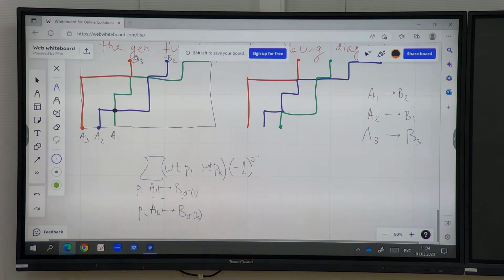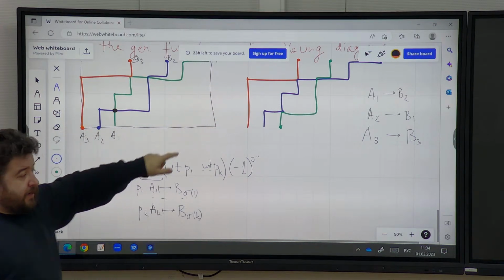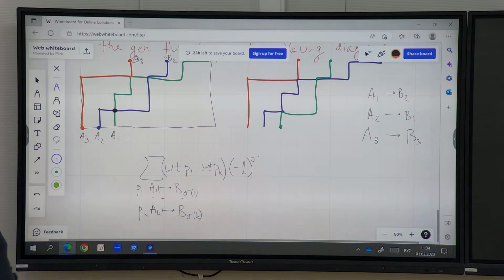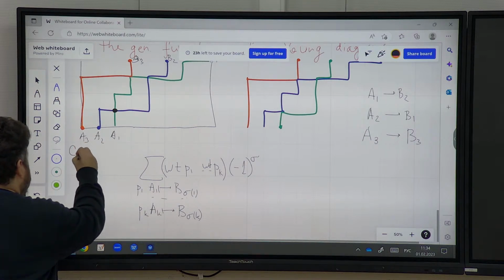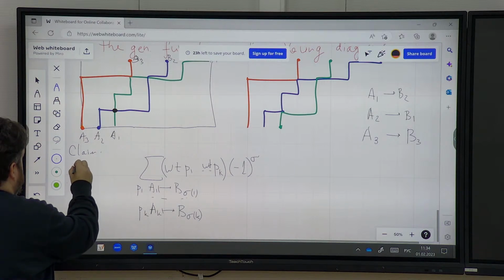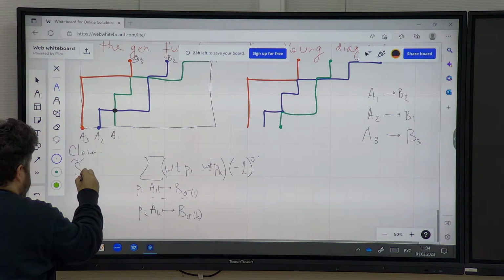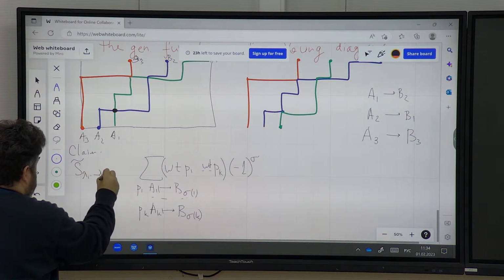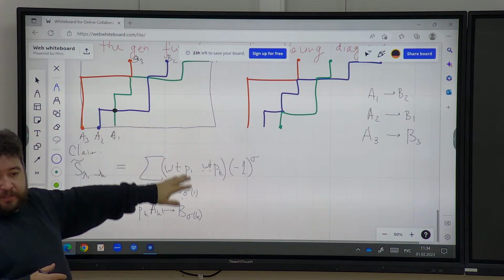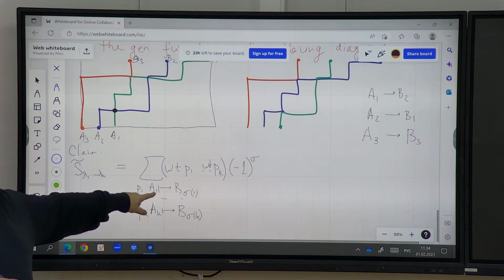My claim is that the number of non-intersecting configurations of paths is computed by this formula. So, claim, let's say S lambda 1 lambda k, the generating function of tableaux, or which is the same, the sum over all non-crossing configurations, is computed by this formula.